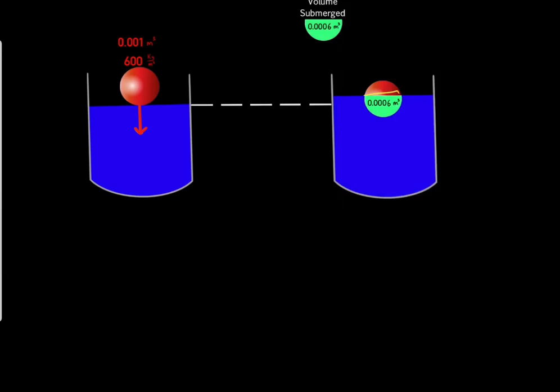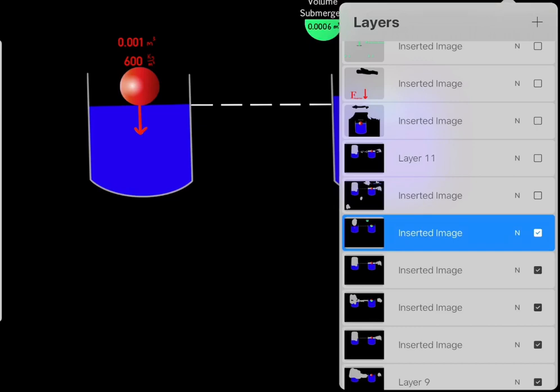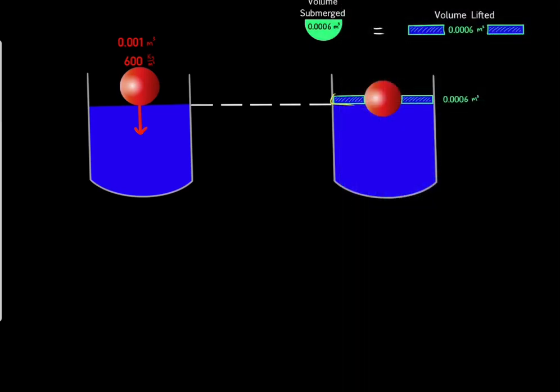So if the volume of the ball that's been submerged was 0.0006 meters cubed, then the volume of displaced water that's been lifted up is 0.0006 meters cubed. The volume of the water that's been lifted up equals the volume of the ball that's been submerged, because that's where this volume came from. So hopefully that's logical and pretty straightforward.